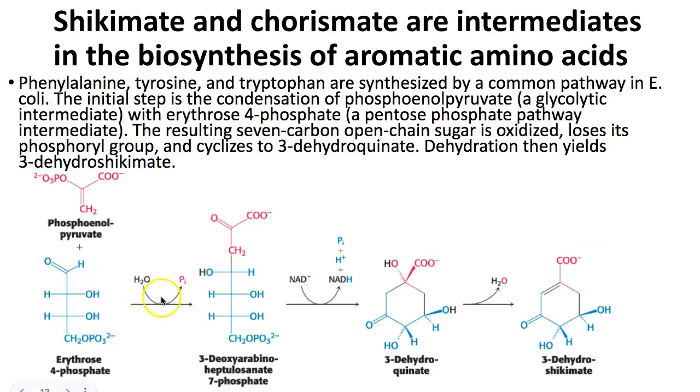And this is hydrolysis to have this condensation happen. And then from there you have NAD plus. Remember that is oxidation, and it ends up forming this double bond oxygen. And also notate that the phosphoryl group is also released.